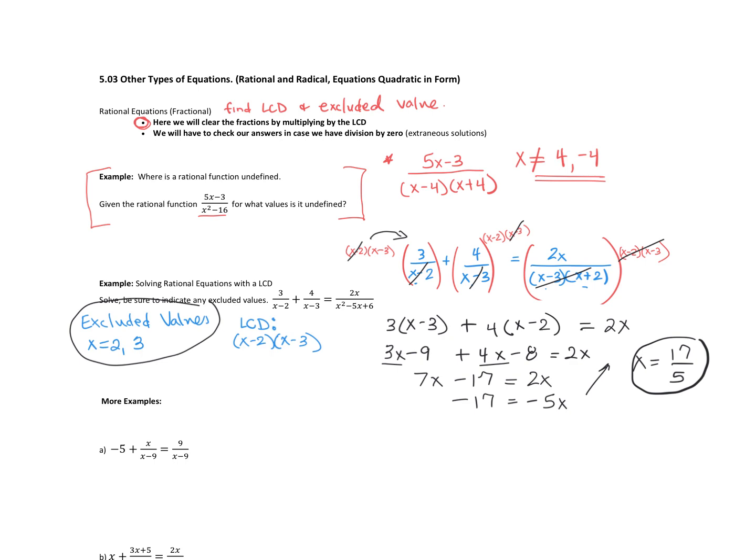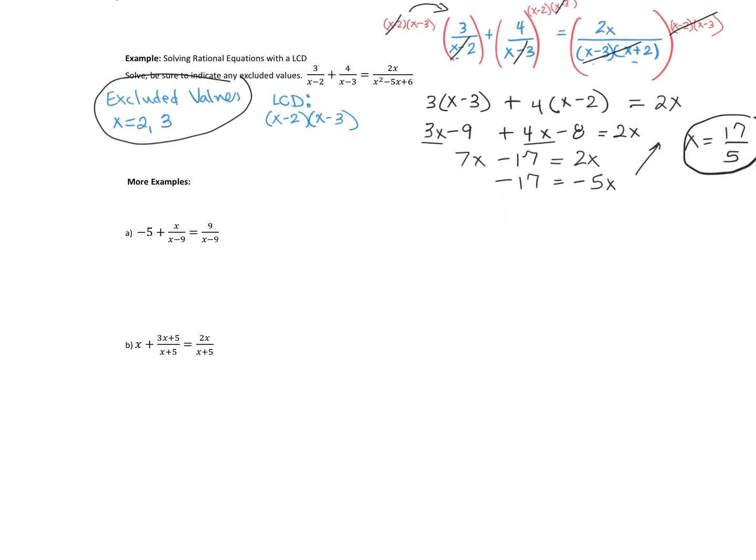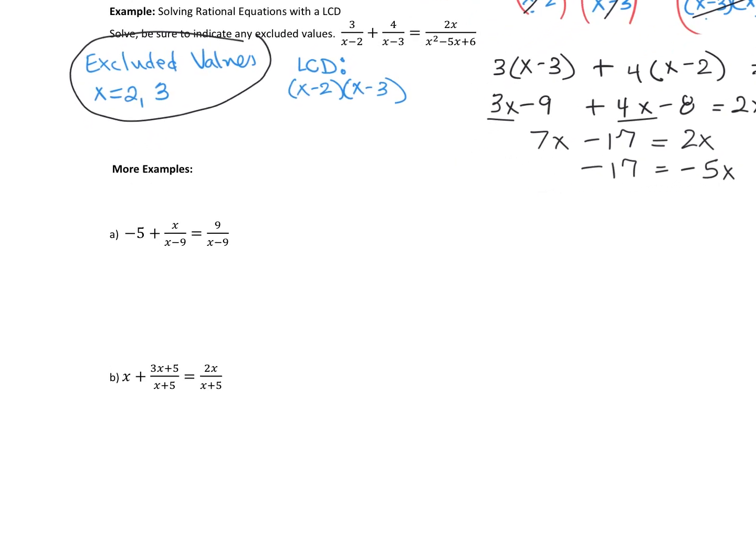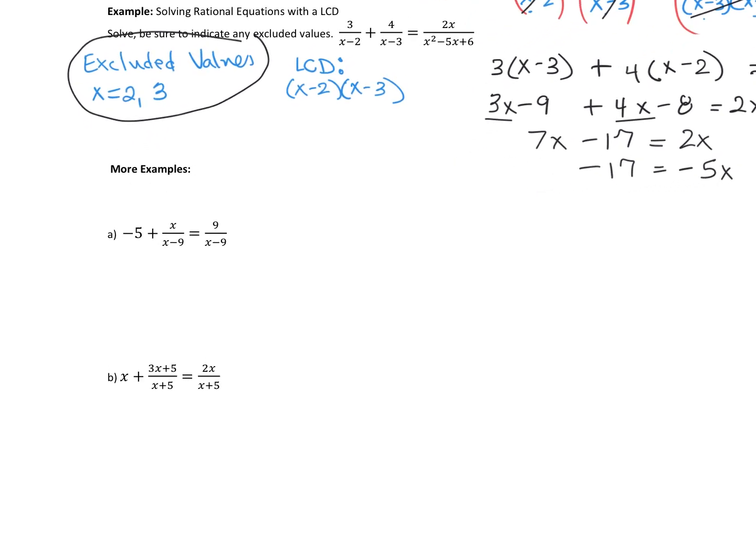Let's do a couple of other examples. For this example, we don't have to factor, and I'm hoping that you can see the excluded values. The only thing that would cause one of these denominators to be 0 would be 9. If you don't see that, you can set the denominator equal to 0 and solve.